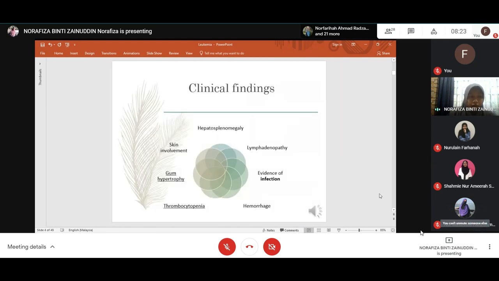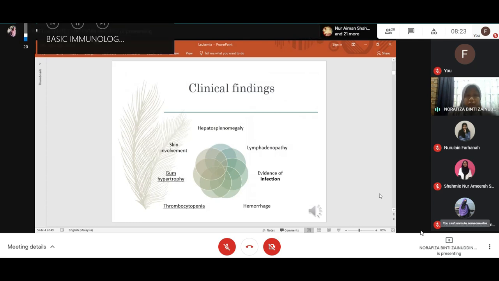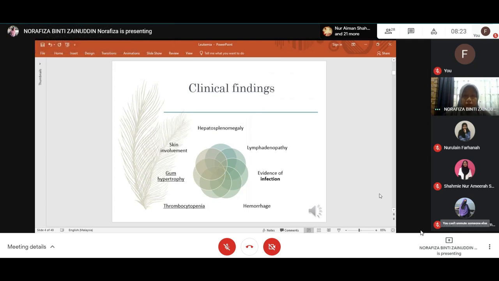I have moved on to the next slide, clinical findings. These are the clinical findings of AML. The patients present with maybe not all of this, but some. Some will present with hepatosplenomegaly, lymphadenopathy, which is enlargement of the lymph nodes, and evidence of infection, hemorrhage, and thrombocytopenia, which I mentioned just now, a drop in all blood cells.